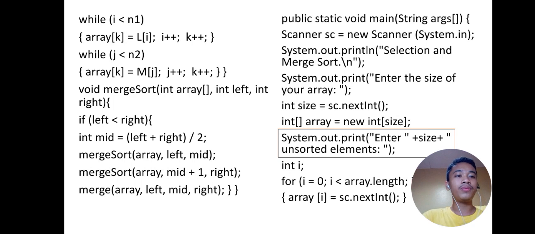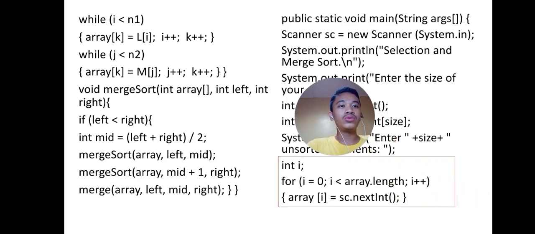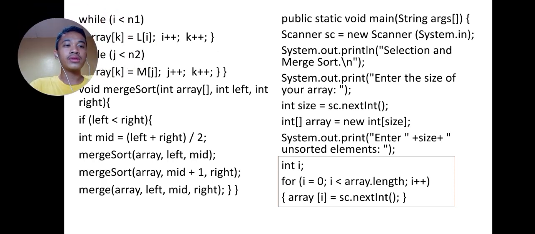Next, it will print this code. The output will be like this: enter 4 unsorted elements. This instructs the user to input 4 unsorted elements. To continue, we have the declaration of integer variable i, and next here we have a loop.